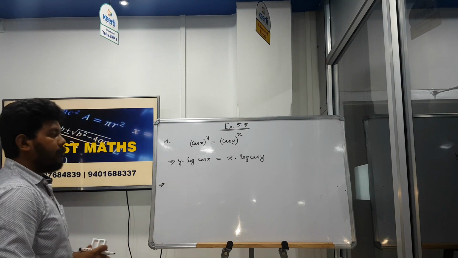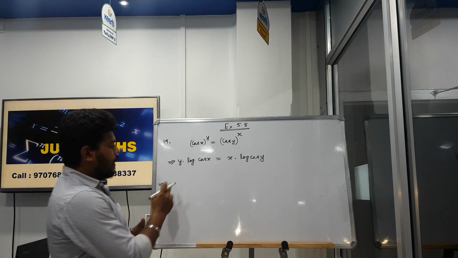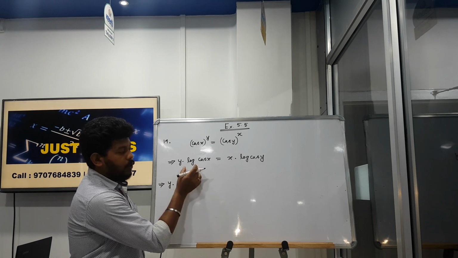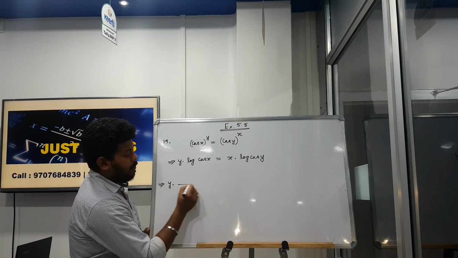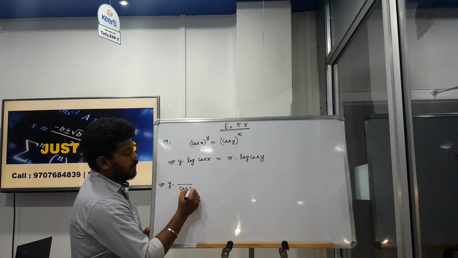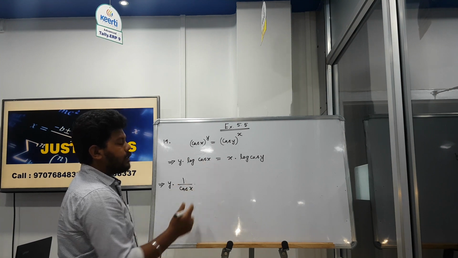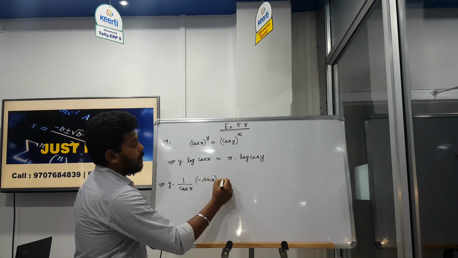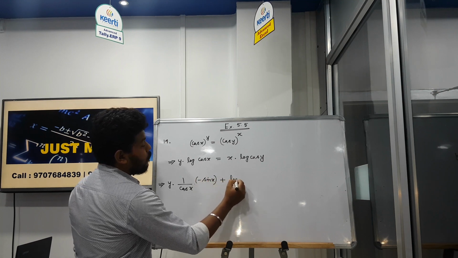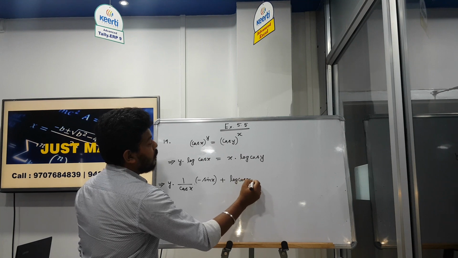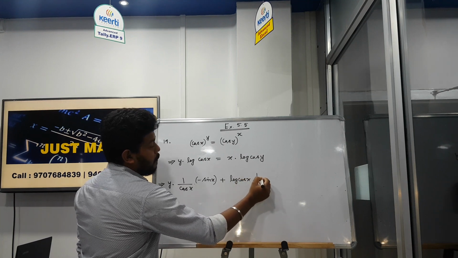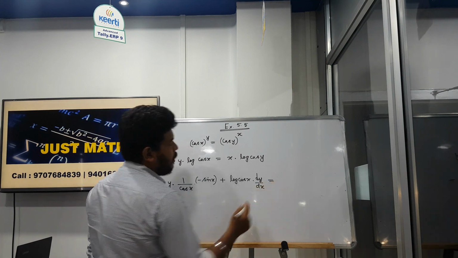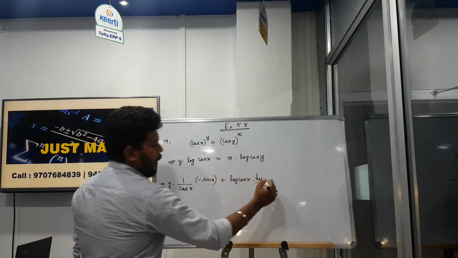Again, if you differentiate with respect to x, you will get y multiplied by, for log cos x, log of theta, it is 1 by cos x. For cos x, derivative is minus sin x, plus log of cos x, for y it is dy by dx. X into log cos y. X is u.